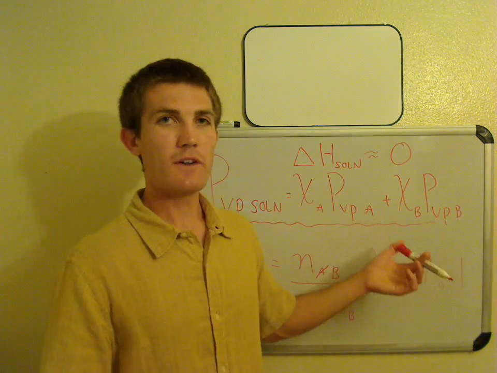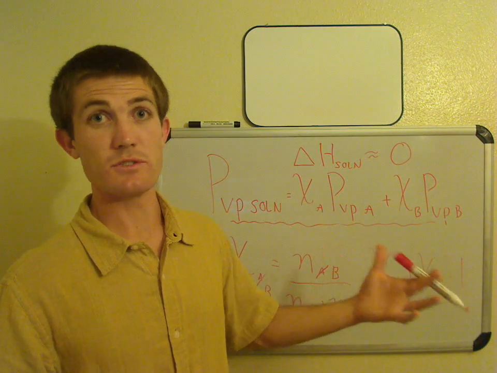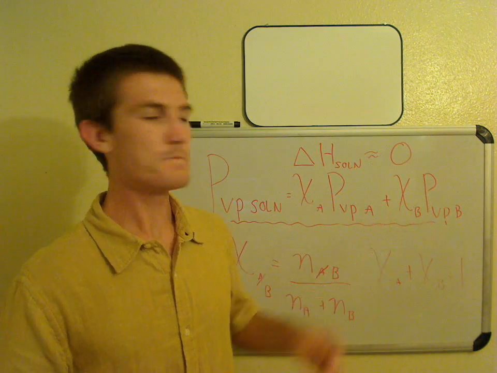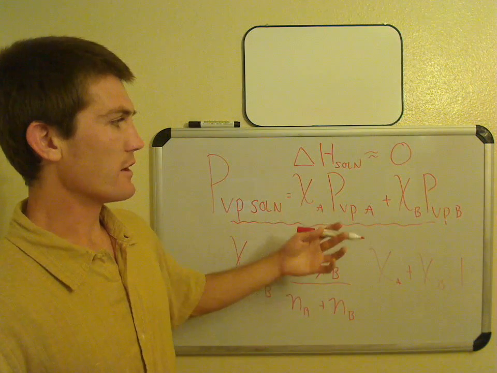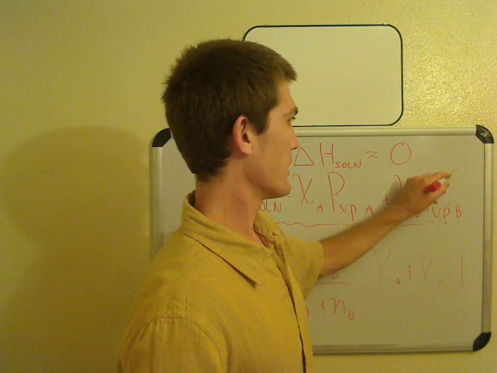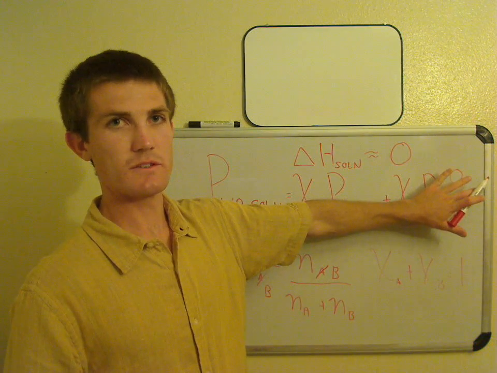And so for a non-volatile liquid, or a non-volatile solute, which is usually solid, liquids always have a vapor pressure. For a non-volatile solute, the vapor pressure is 0, and so this whole term goes to 0.